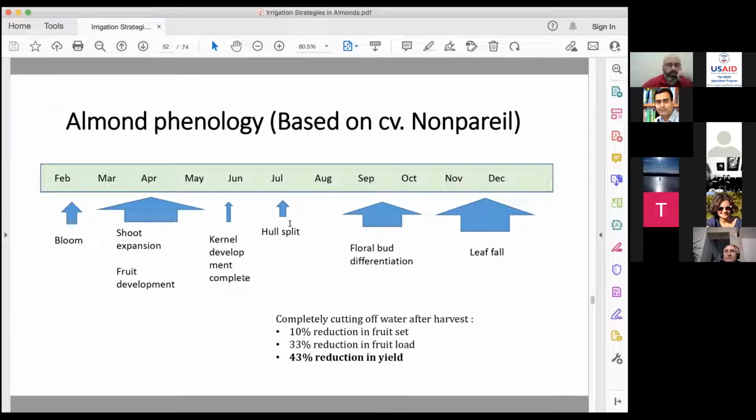And a few weeks after hull split, when most of the nuts on the tree are splitting the hulls, then comes the harvesting. And around that stage, when the nuts are mature on the tree, the trees have flower bud differentiation starting for the next season. So that's a really critical point.